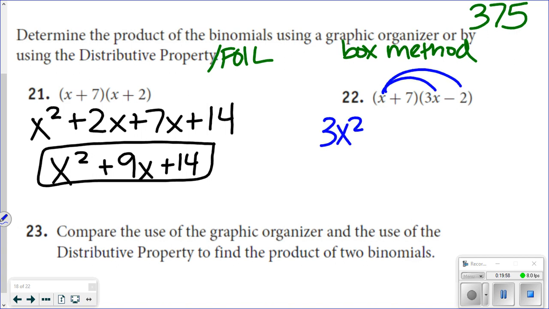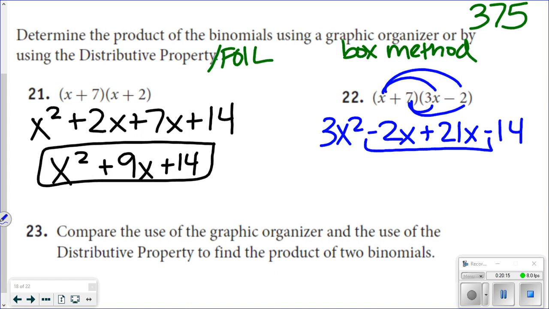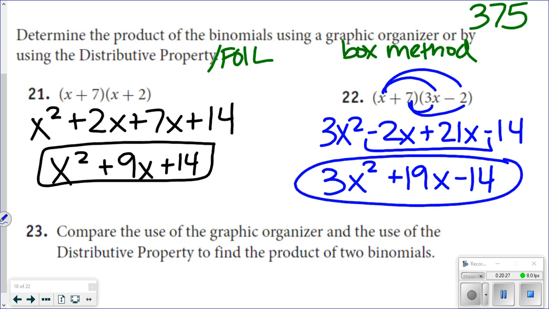Distribute the x to -2, my outsides, insides, last term, so distribute the 7 to the -2. Combine my like terms, my two middle x terms. And there's our final answer.